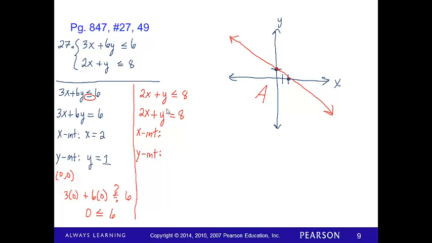So the x-intercept is when y is 0, so this piece is gone, and you'll get 2x equals 8, which means x has to be equal to 4. Y-intercept is when x is gone, so you're left with just y equals 8. Let's go ahead and plot those points. So 4 for x, so 4 comma 0, and 8 for y, so 0 comma 8.